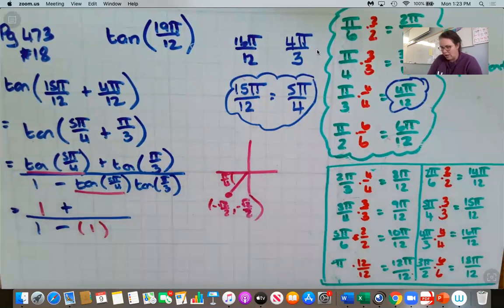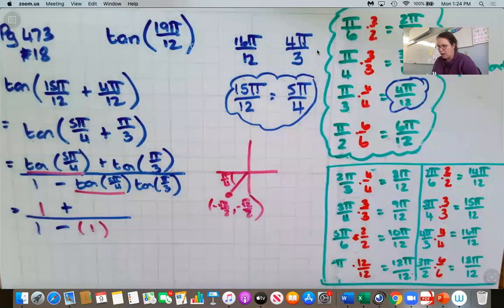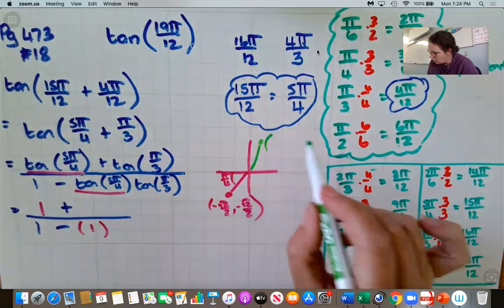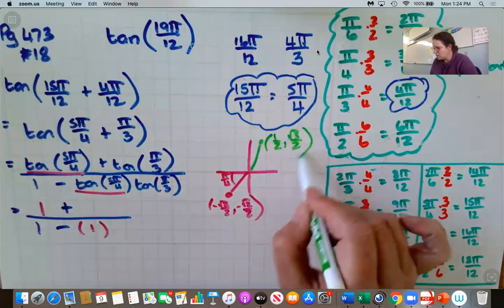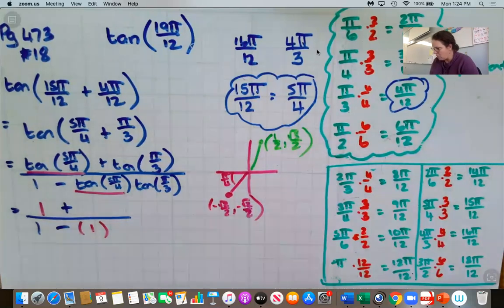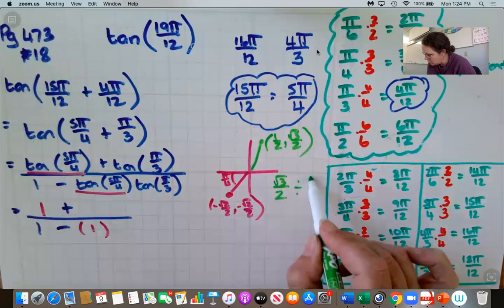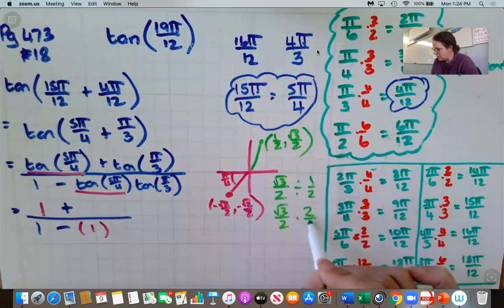And then I want to evaluate tangent of pi over 3. Pi over 3 is right here. That's going to be 1/2 and root 3 over 2. If I do tangent of that, I'm going to have my y coordinate divided by my x, which is my y times the reciprocal of x. The 2's can cancel.